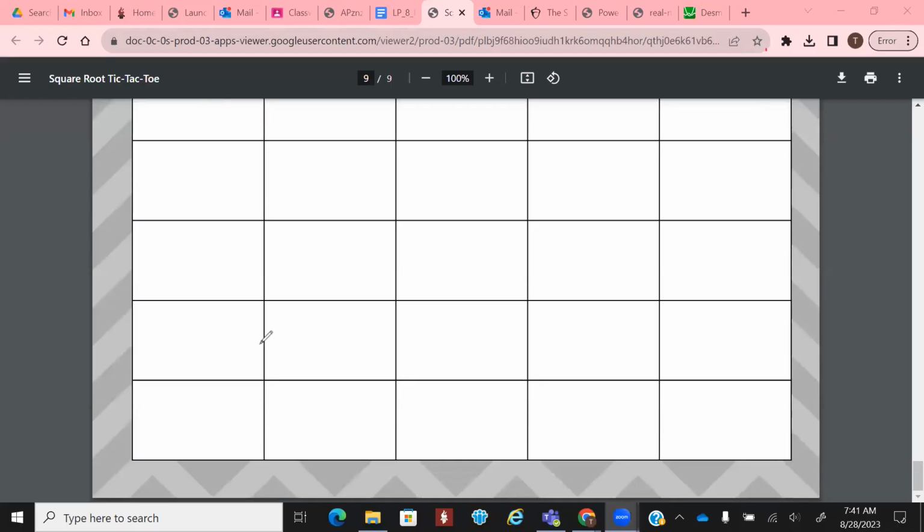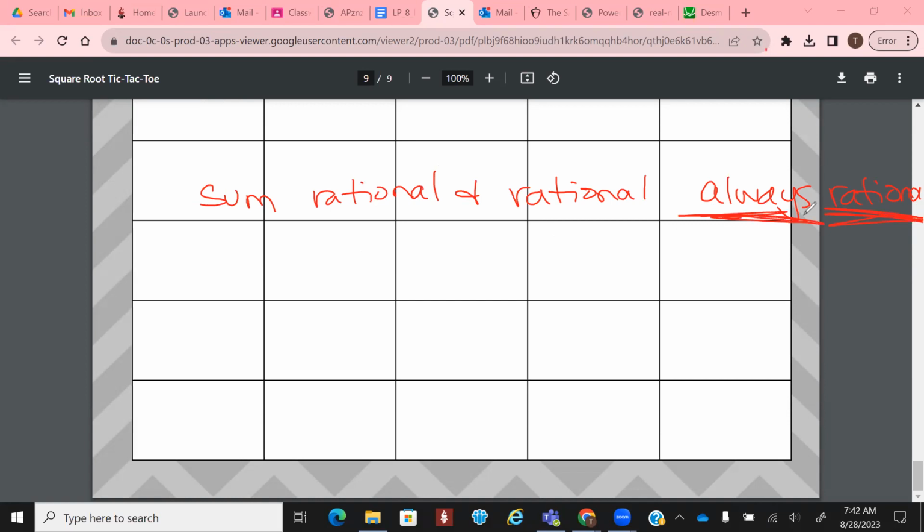Down at the bottom of your paper, it says the sum of rational and irrational number. You're going to write always rational.